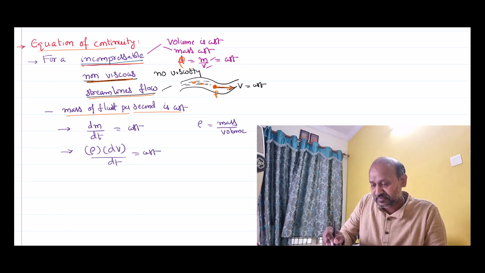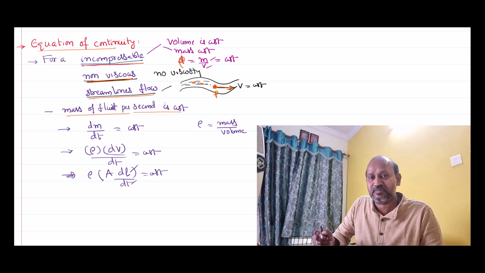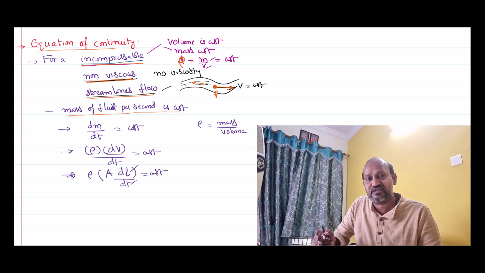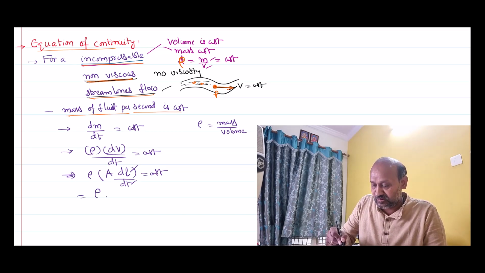If you further simplify this, the change in the volume can be written as area multiplied by change in the length, by time, is constant. Now you see, change in the length by change in the time, the rate of change in the displacement, that's nothing but velocity. That means rho A v is constant.